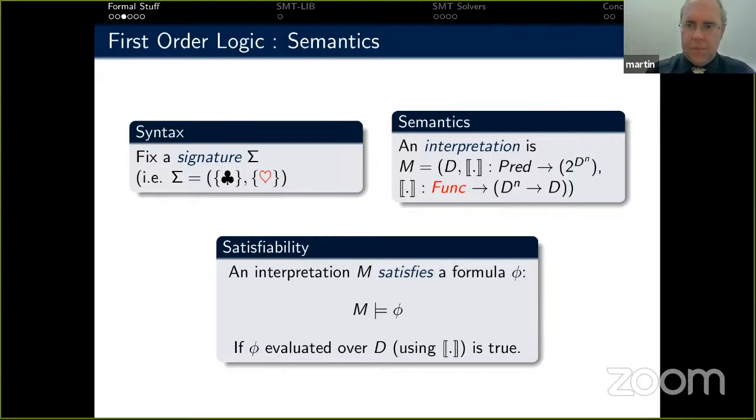So we've got an interpretation. Our interpretation is D, a domain. That is the world of things that we are talking about. And we've also got an interpretation map. So it takes our world.